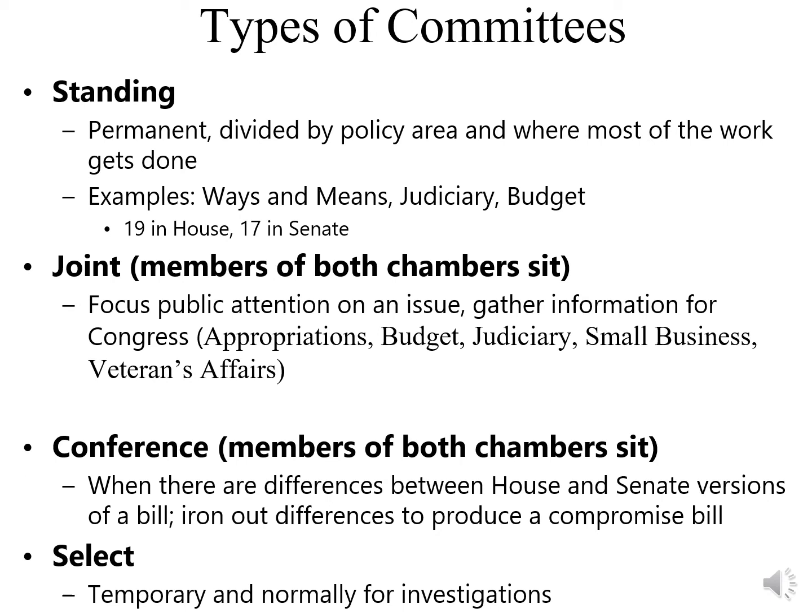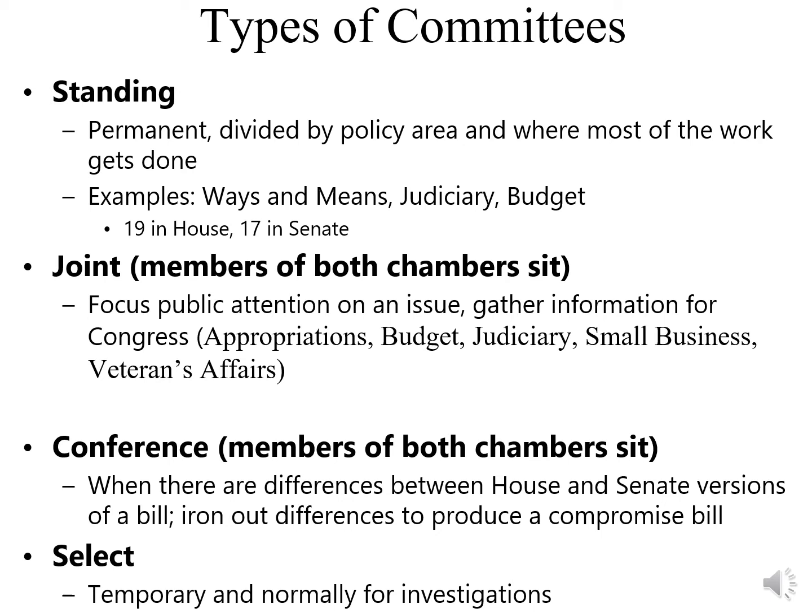All right, so when there's differences between a House and Senate version of a bill, because they both consider the bill separately, and it's very possible that they could start with the same thing and wind up with something pretty different, a conference committee will be called to meet to iron out differences and produce a compromise bill.